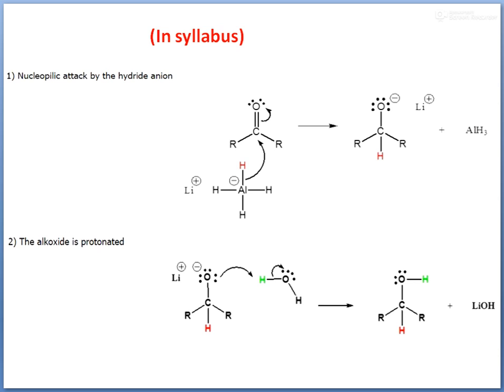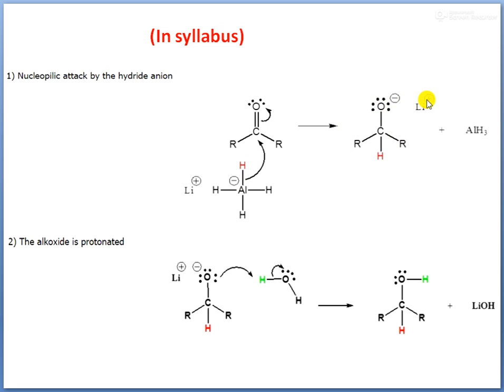Let us see the mechanism of reduction using lithium aluminium hydride. In lithium aluminium hydride also, the first step is the hydride ion transfer from the AlH4- group. Here the hydride ion H- is transferred to the positively charged carbon, and we get a resultant alkoxide ion having an oxygen with a negative charge.